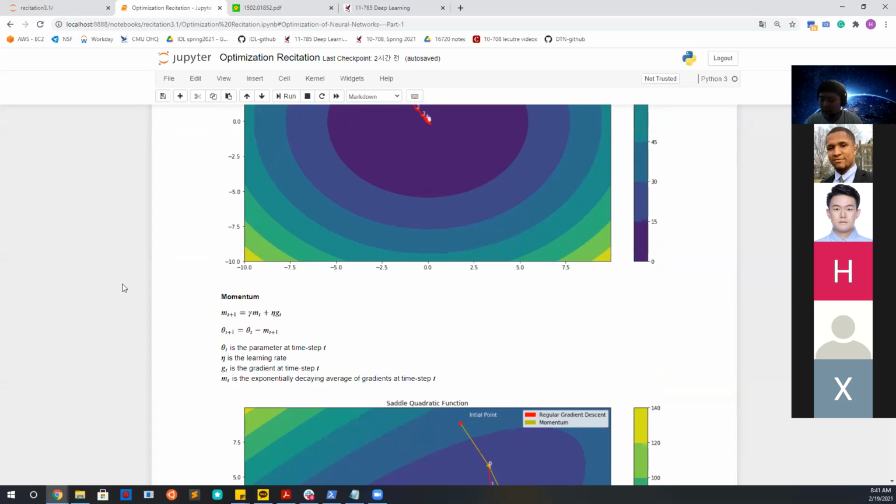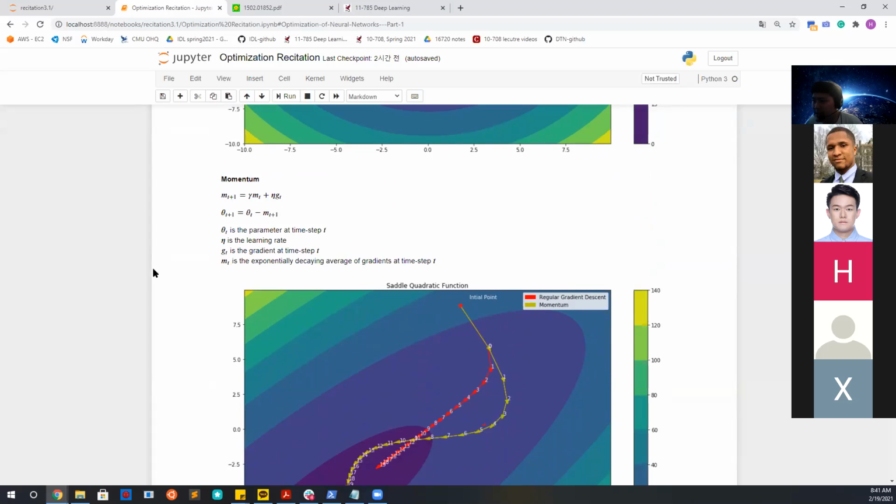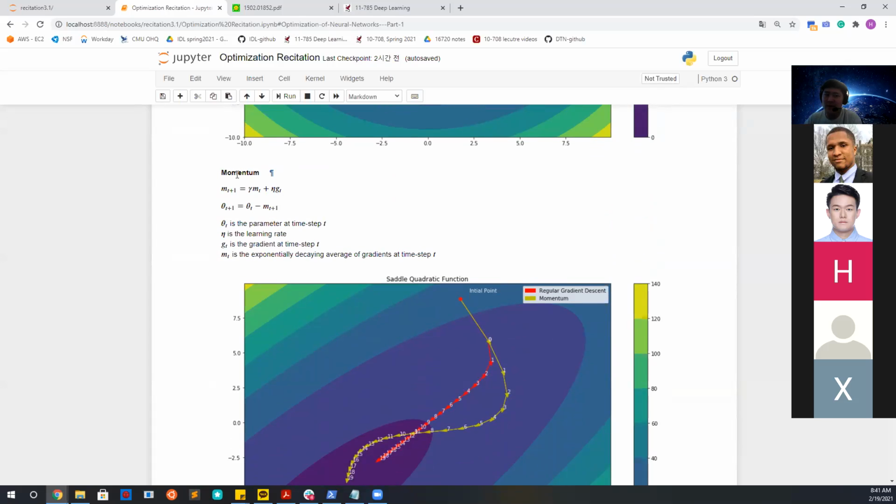The next, I guess the most important modification that you make, which you're also implementing for homework 1 part 1, is momentum.